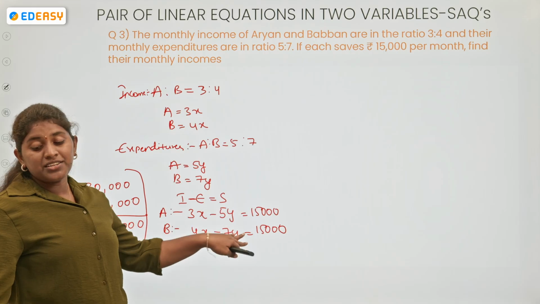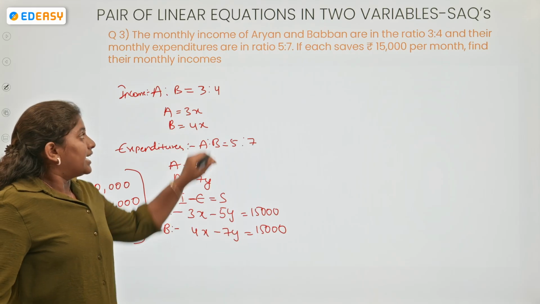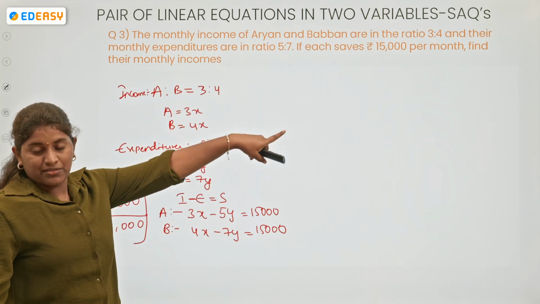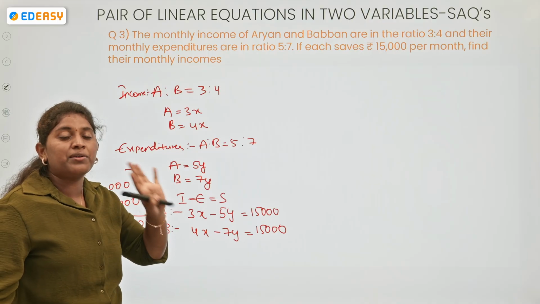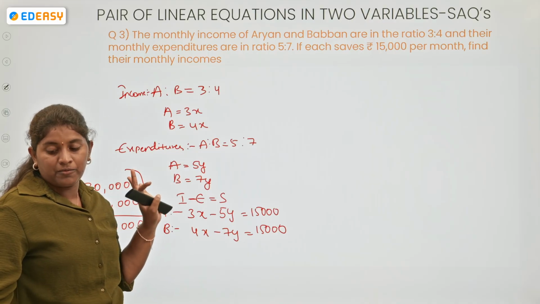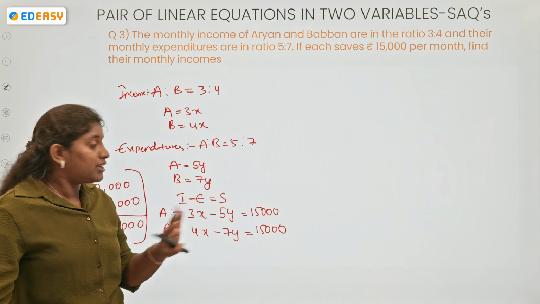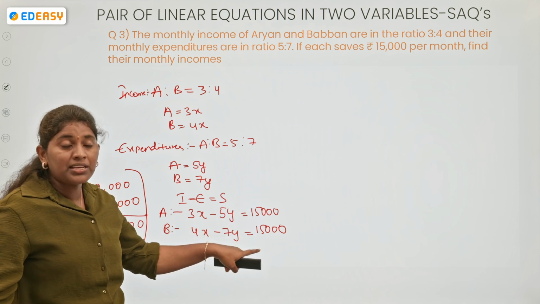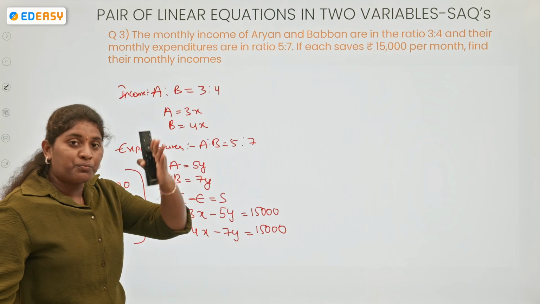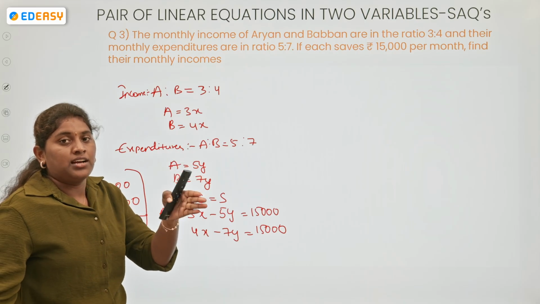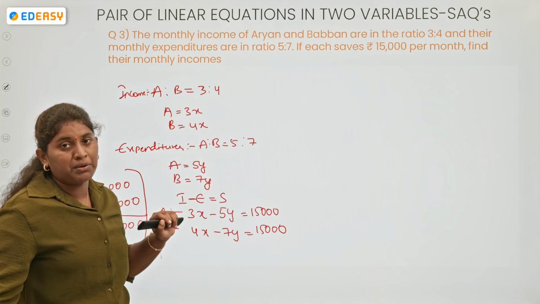Because they said each saves. Each saves means Aryan is saving 15,000 and Baban is saving 15,000 per month.